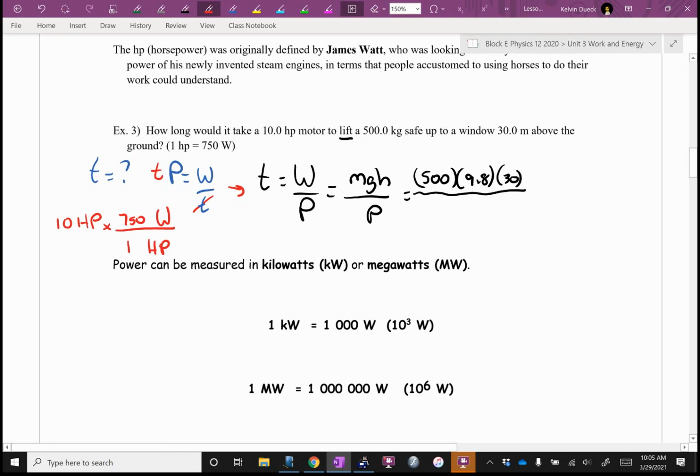Kyle, can you go 750 times 10 in your head without a calculator? Thank you. How much time will it take this motor to lift this safe up the window? 30 meters. Up to the 30 meters. 30 meters, about 10 stories. How much time will it take?